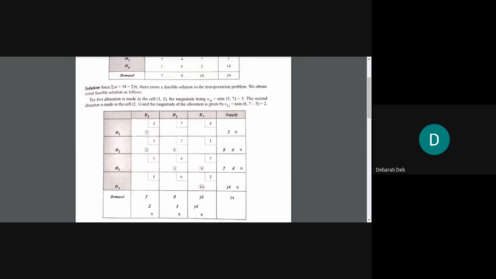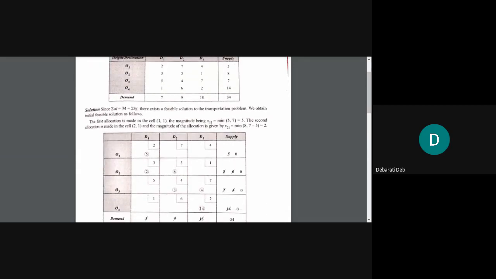Don't write it now. And under the supply heading, you write 5, 8, 7, 14.